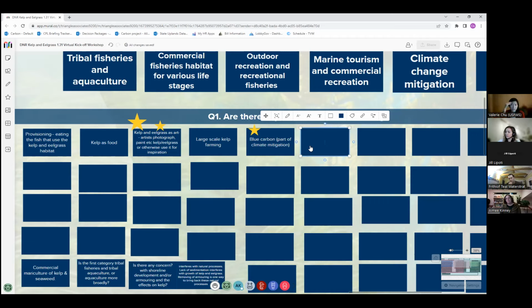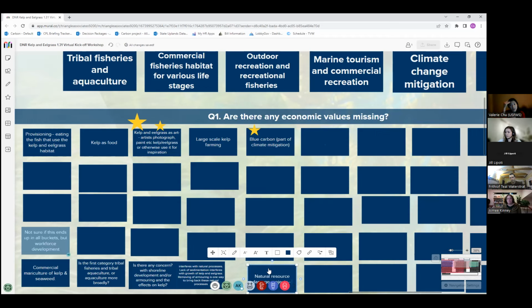Hi, I just have a different question. So I work on natural resource damage assessment projects, right? And the value, of course, of eelgrass is 100% once it's fully functional and restored. But the problem is, of course, we all know that eelgrass and kelp restoration is not easy, not easy at all.